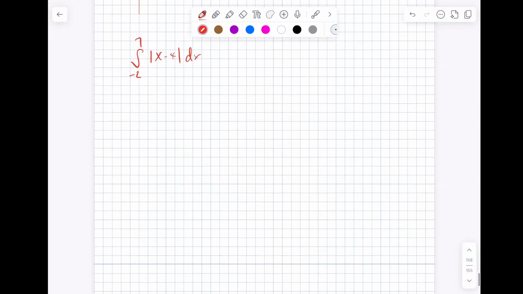So I'm going to show you how to graph this. If you have a hard time, set x minus 4 equal to 0. Why do you do that? Because you know where the x-intercept is.